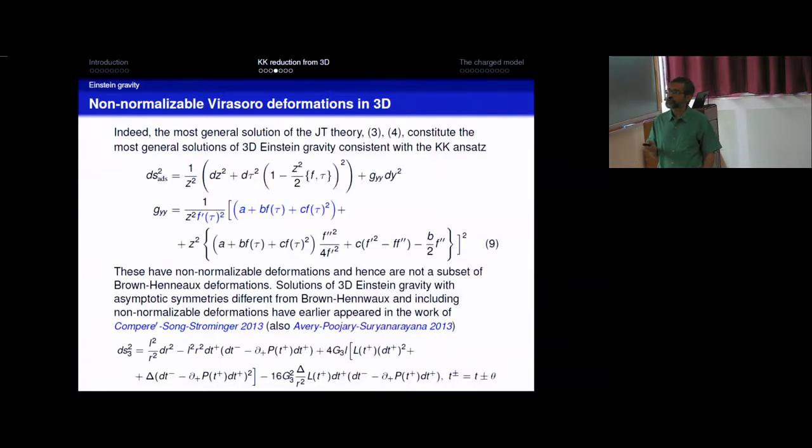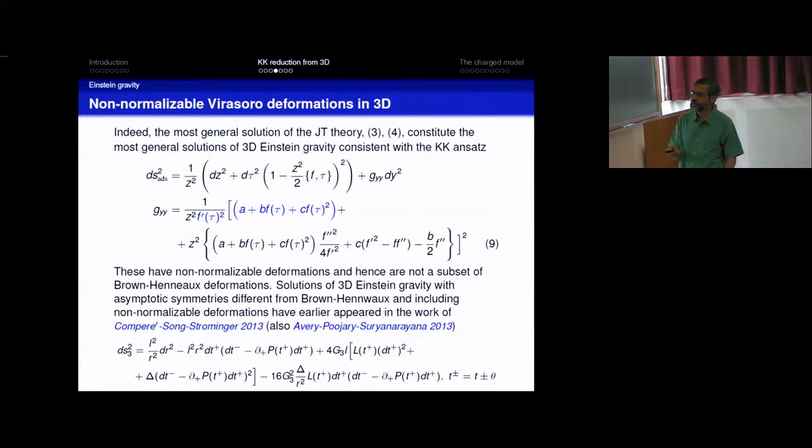Similar solutions of 3D Einstein gravity with asymptotic symmetries which have non-normalizable deformations, different from Brown-Henneaux transformations, have appeared earlier as well. An example appeared in the paper of Compère, Song and Strominger, which was generalized later by Nemani and collaborators. This is a theory in which the asymptotic transformations are U1 cross Virasoro.